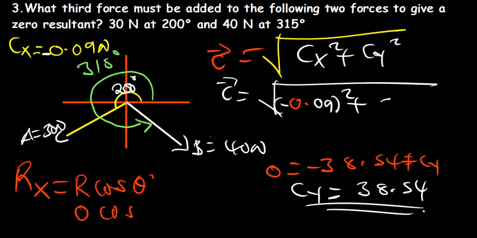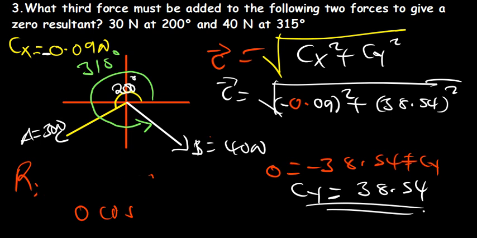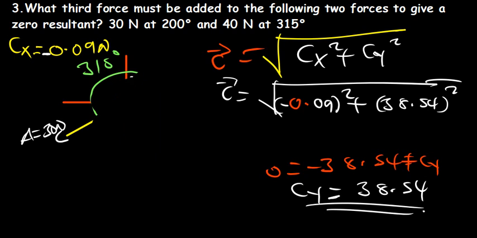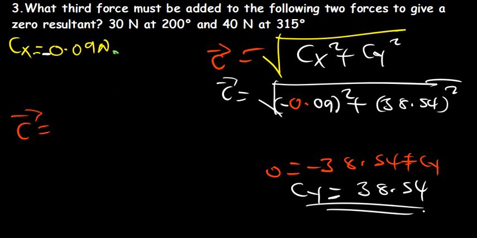Plus cy is 38.54, squared. So I'll be able to find the resultant of vector C. If I do 0.09 squared, I will just ignore the negative because I'm squaring it. 0.09 squared plus 38.54 squared, I'm getting 1485.3397.